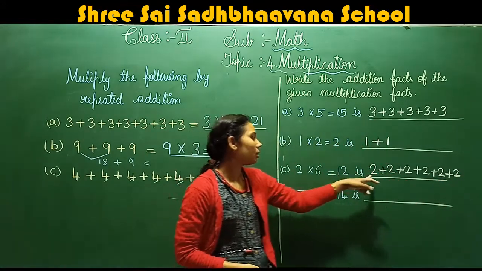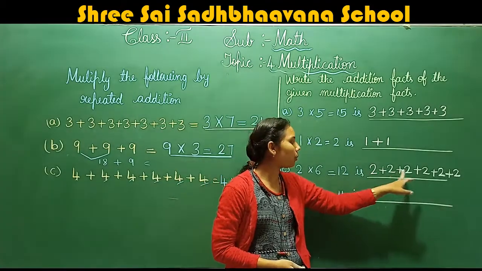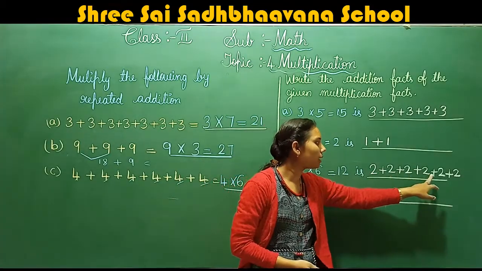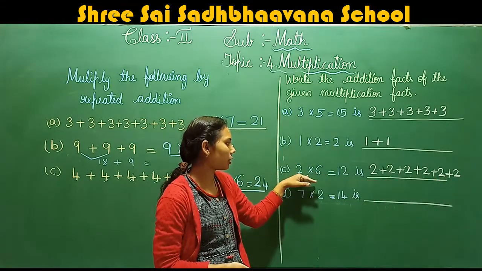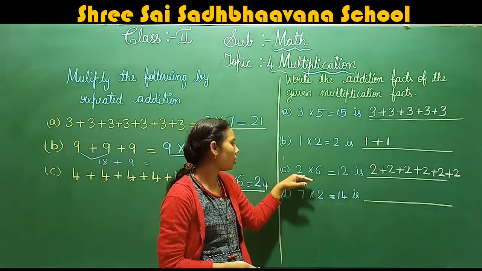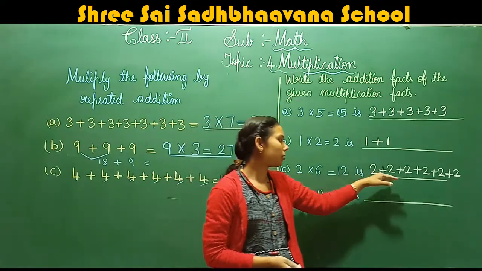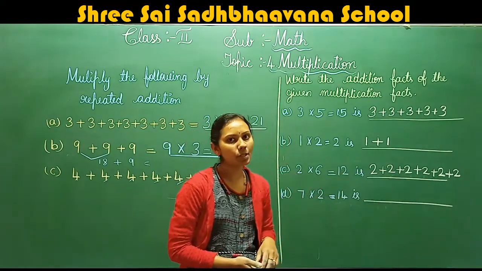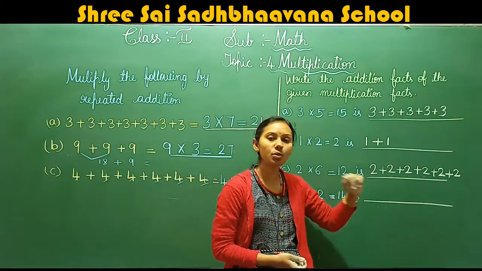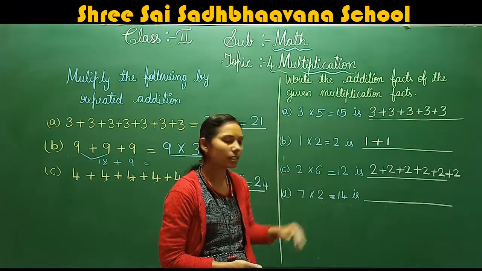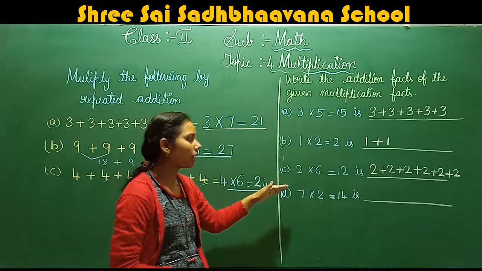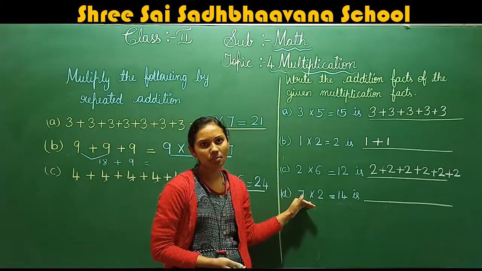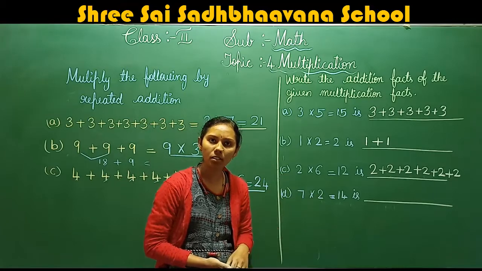So here 2 plus 2 is 4. 4 plus 2 is 6. 6 plus 2 is 8. 8 plus 2 is 10. 10 plus 2 is 12. So the multiplication fact is 2 sixes are 12. The addition fact is 2 plus 2 plus 2 plus 2 plus 2 plus 2. How much? 12. Okay, understood, children, how to write the multiplication fact as the addition fact?